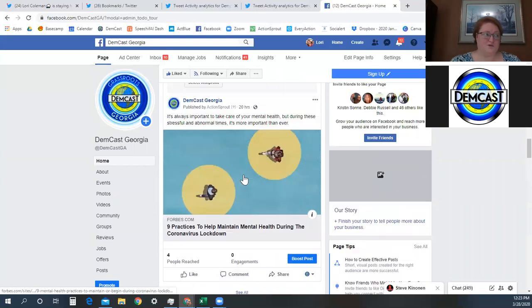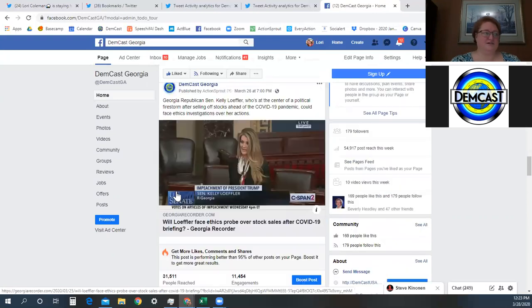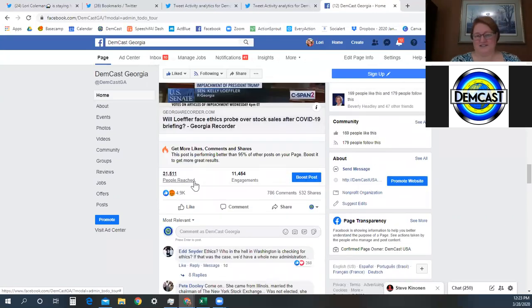And here's one that's pretty simple and straightforward too. And you can see the difference here. They reached 4 people, right? Instead of 31,000. So it can be quite powerful to run ads. You can run Facebook ads for $25 or so.